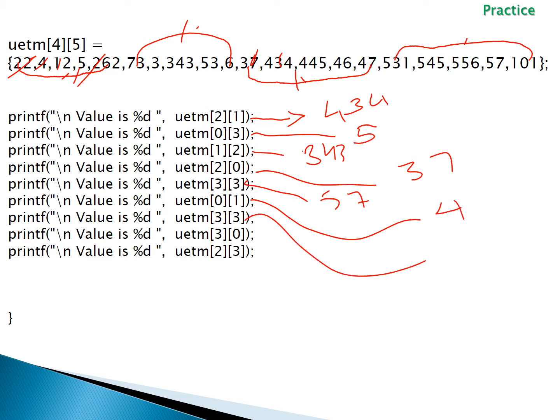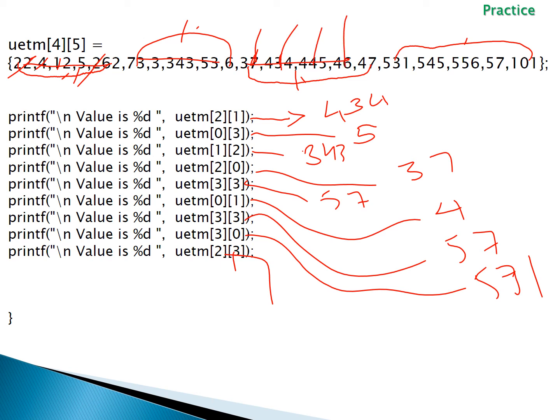This one, 57. This one, 531. Last one, 2 3. This is 0 1 2, and element 3 is 0 1 2 3, so 46. So that's the output.